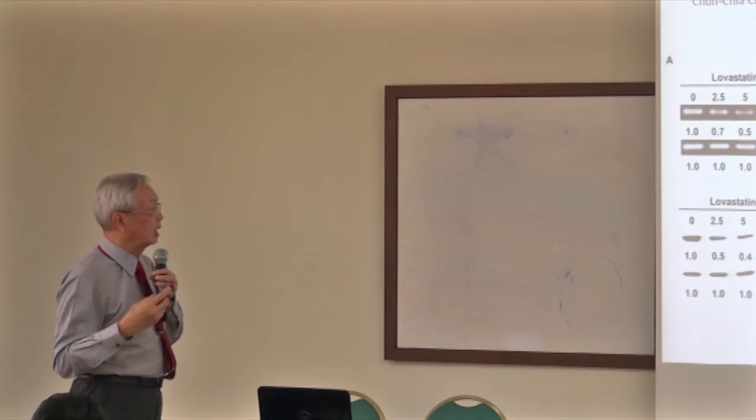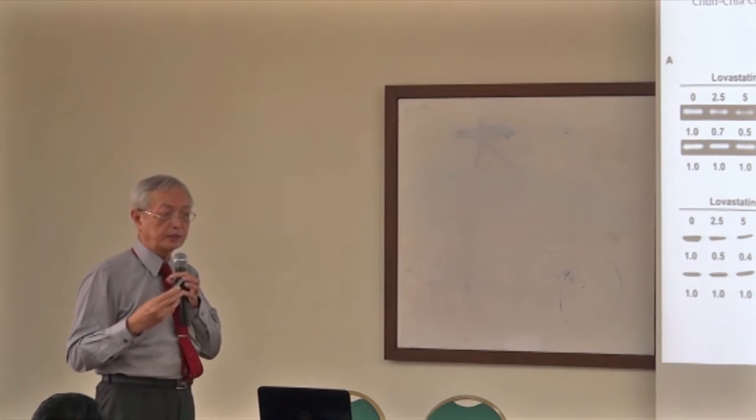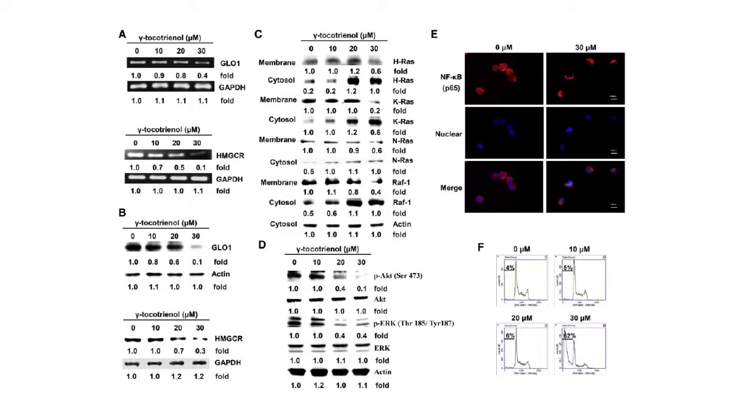Our hypothesis: apoptosis comes from the toxic substance in the cancer cell, not the drug. Here is more detail. The interesting compound is tocotrienol. It comes from palm oil.